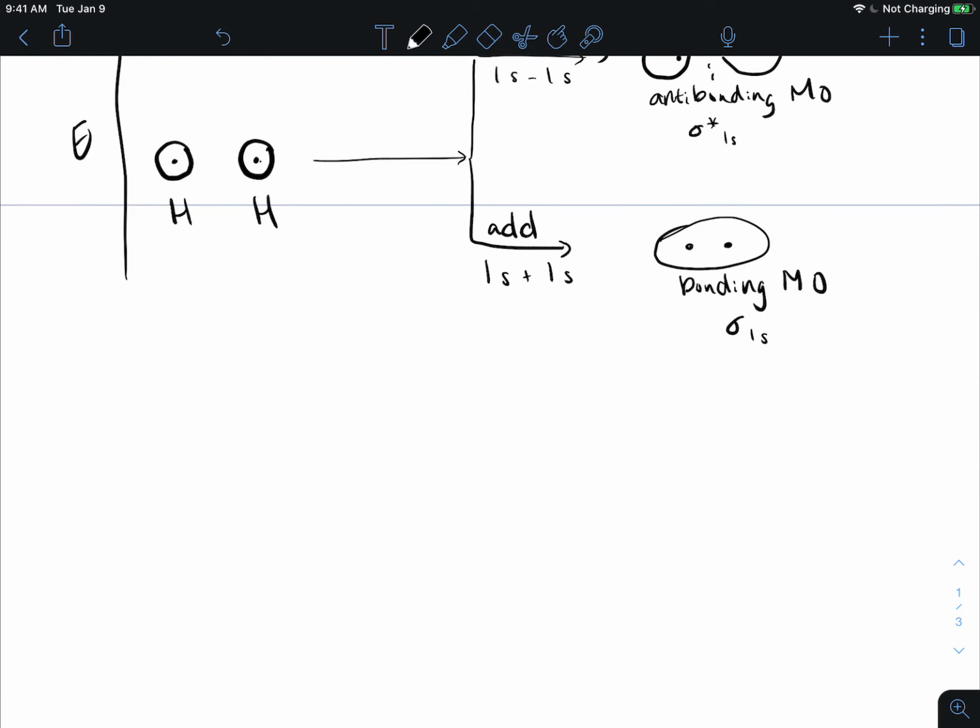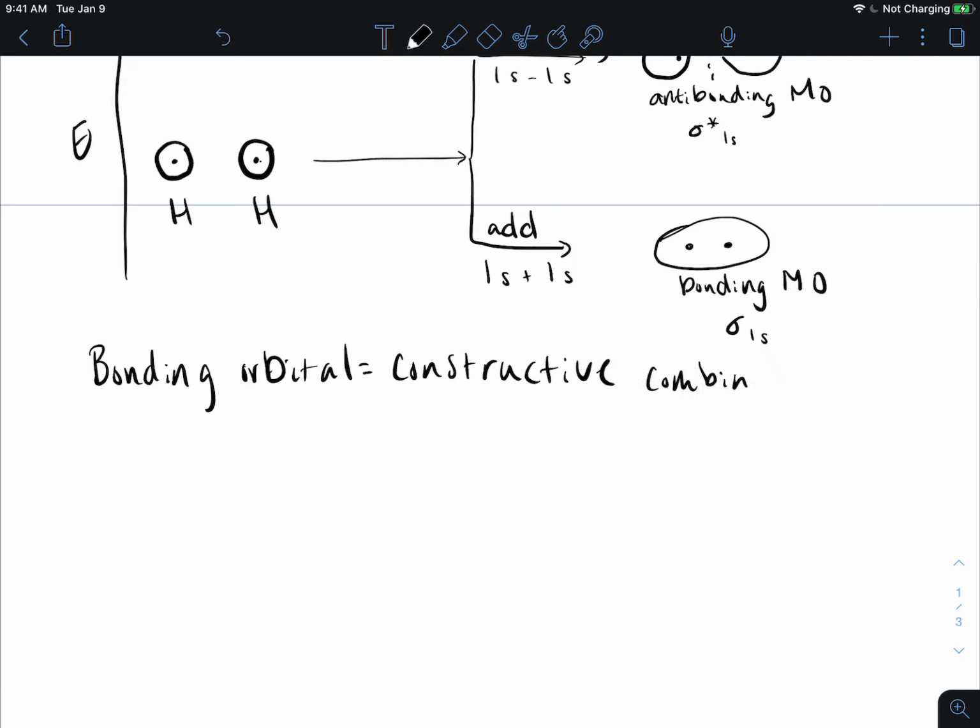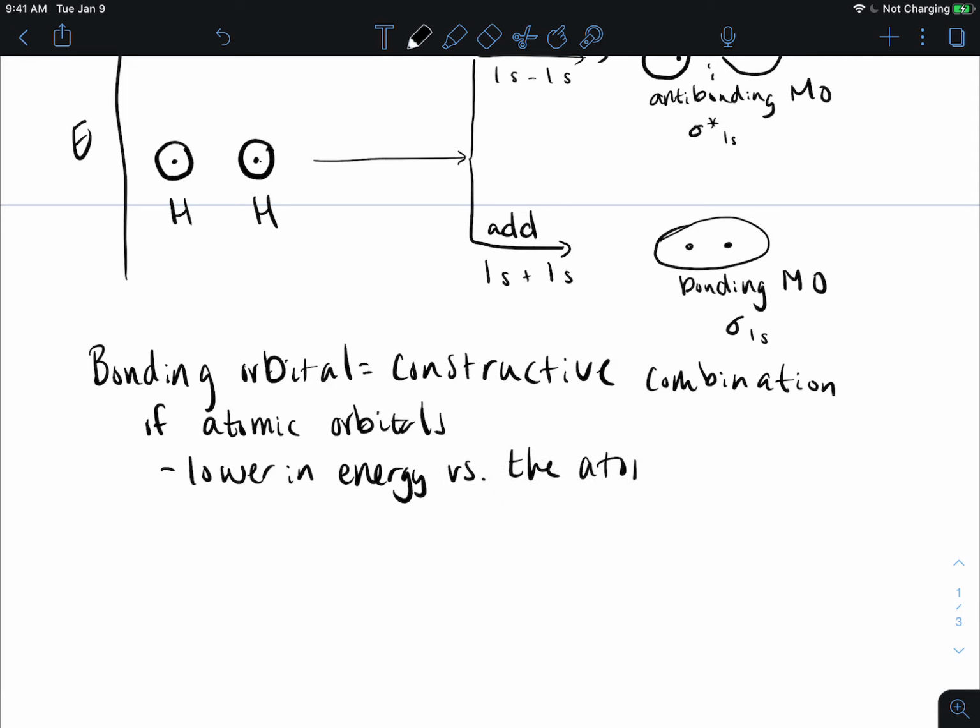We would say that our bonding orbital is a constructive combination of atomic orbitals, so they're going to be lower in energy than the atomic orbitals, at least usually.